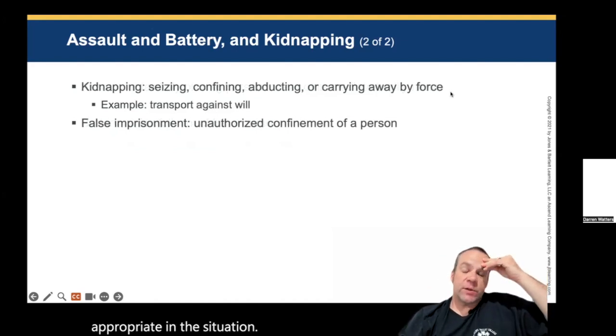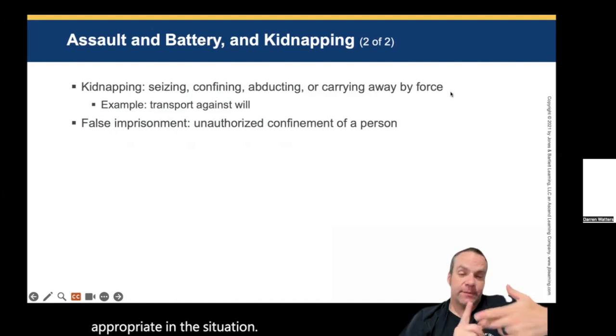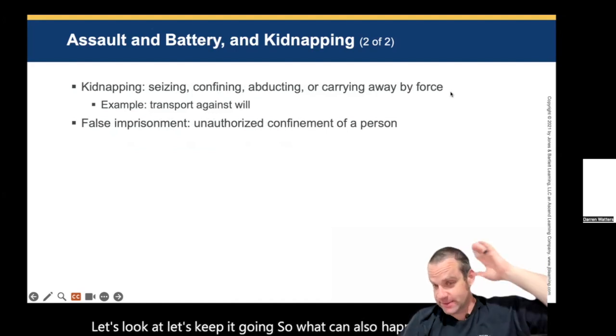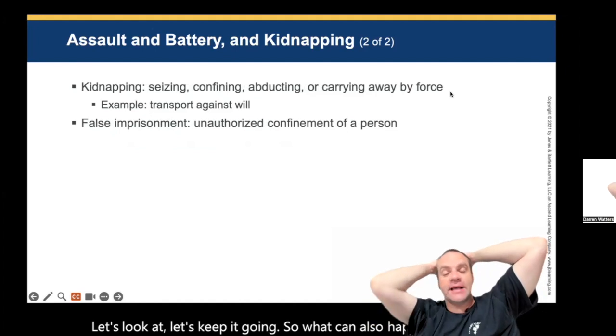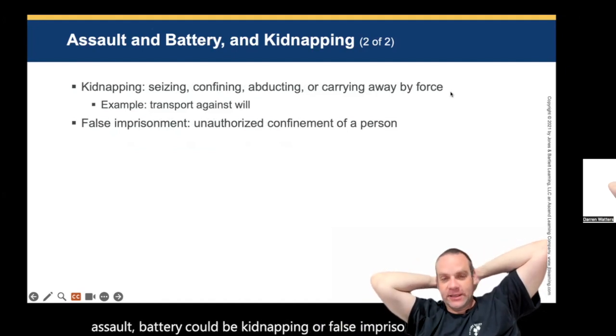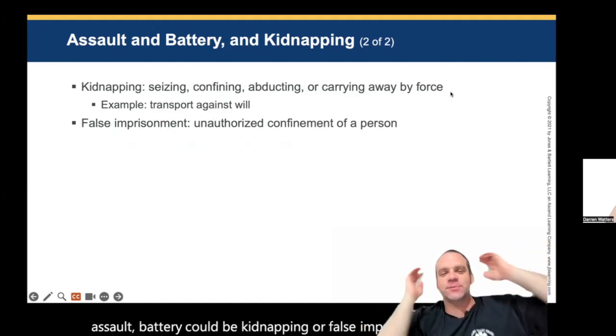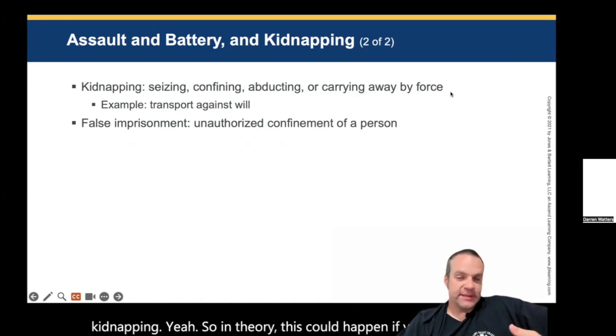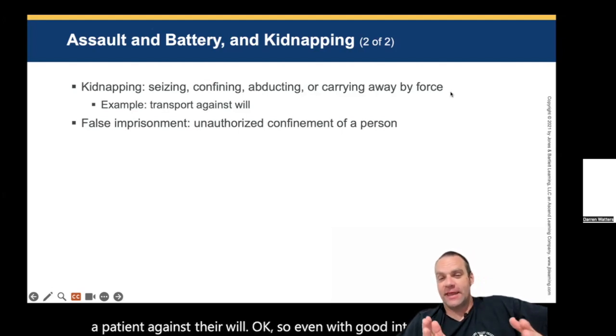Let's keep it going. What can also happen with assault and battery could be kidnapping and/or false imprisonment. In theory, kidnapping could happen if you transport a patient against their will. Even with good intentions, without proper legal authority, that could still be considered kidnapping.